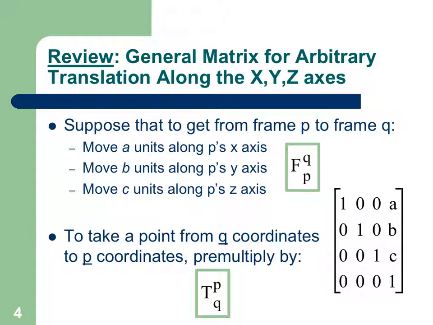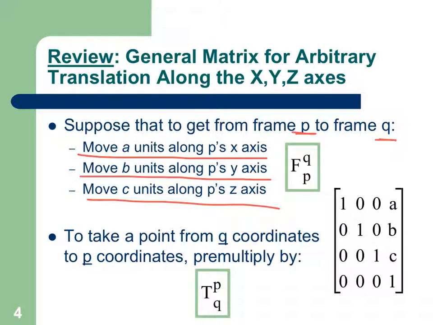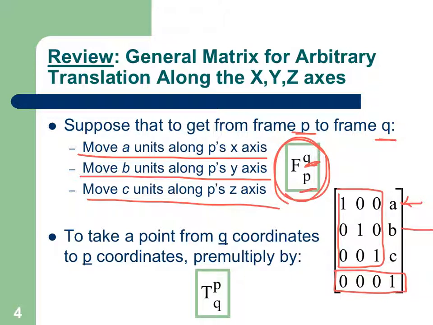So just to review what we said before, suppose that to do that frame transformation, to get from frame P to frame Q, we end up moving A units along P's x-axis, B units along P's y-axis, and C units along P's z-axis. Then we can easily compute the frame transformation from P to Q by putting in the 3 by 3 identity matrix here, putting 0, 0, 0, 1 across the bottom, and putting in the A, B, and C, the number of units we moved along each axis.